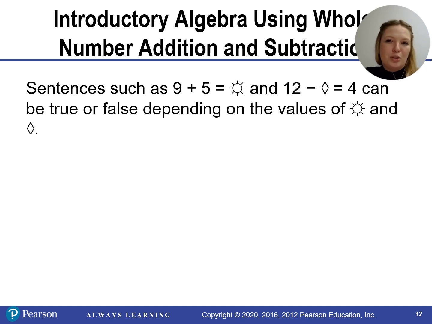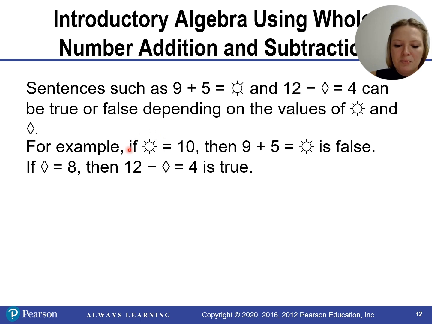We can also introduce some very basic algebraic principles using number sentences and symbols with addition and subtraction. If I have a number sentence like 9 plus 5 equals sun, or 12 minus rhombus equals 4, we can determine the values of the sun and rhombus that would make these number sentences true.